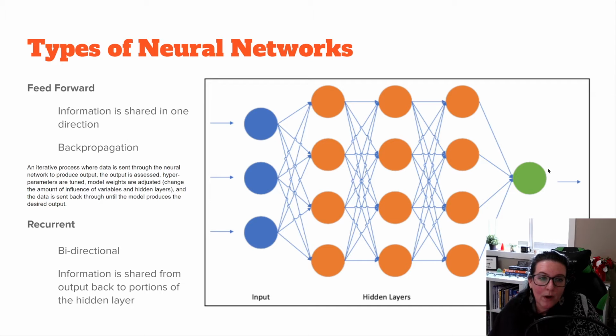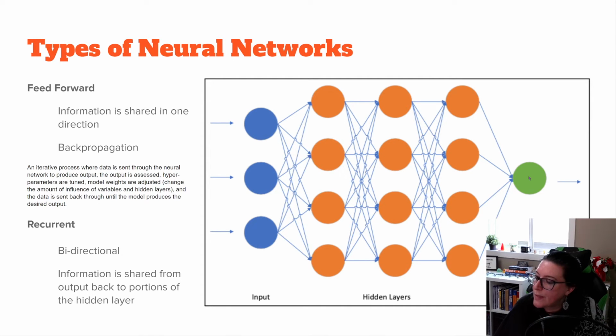How the neural network then learns is what is called backpropagation. This is an iterative process where after the data is sent through the neural network, we get our output, which is then assessed. How well did it perform? If we're looking at classification, how accurate was it? If we're looking at linear type regression, how much mean square error did we have?